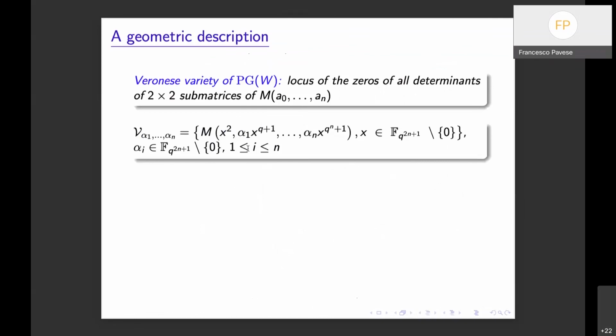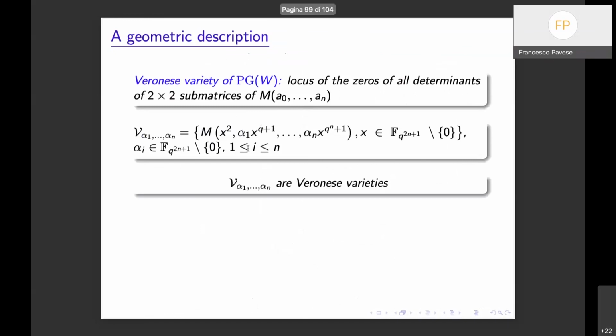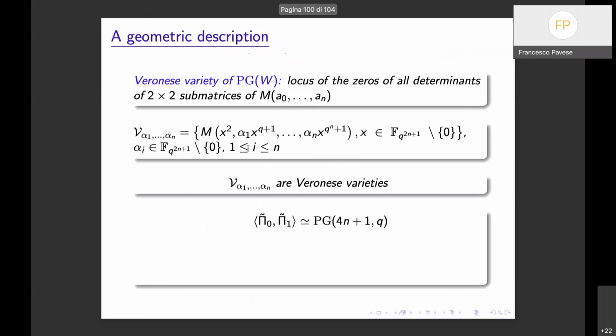So we have these sets of Veronese varieties that provide a partition of the points of the ambient projective space outside the span of at most n of the pairwise disjoint 2n-dimensional projective spaces.